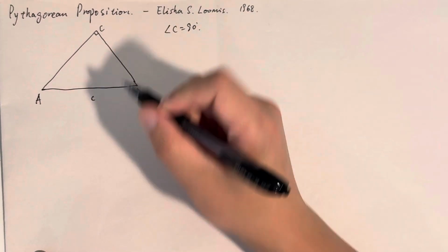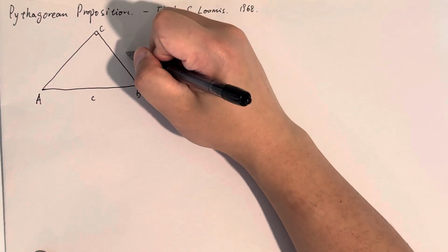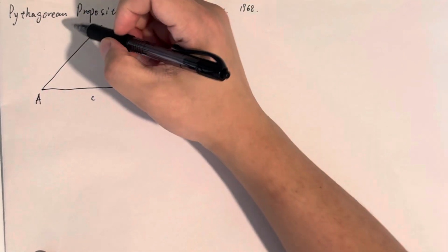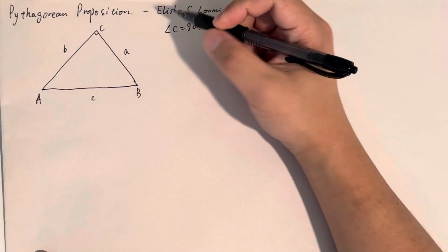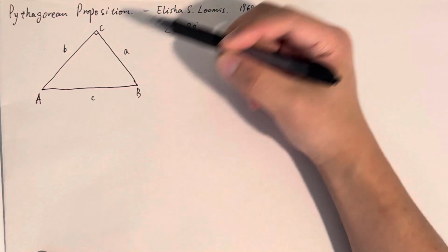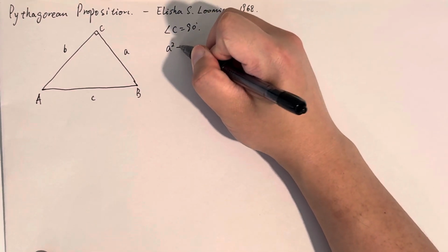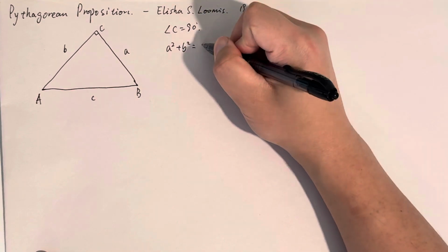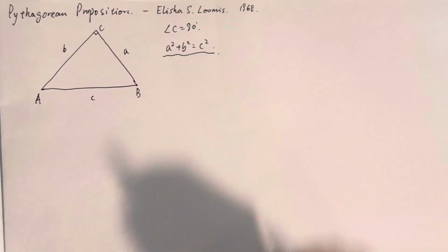And we can write the length AB equals c, the length BC equals a, the length AC equals b, right? And we want to prove that for any right triangle, such as ABC here, we have a squared plus b squared equals c squared. That's the thing we want to prove, okay?